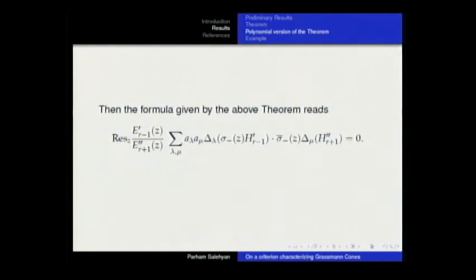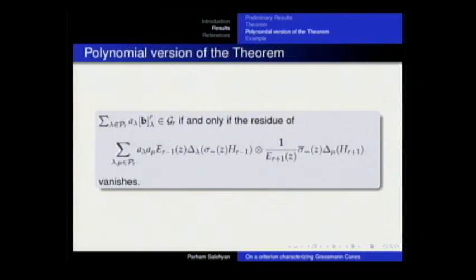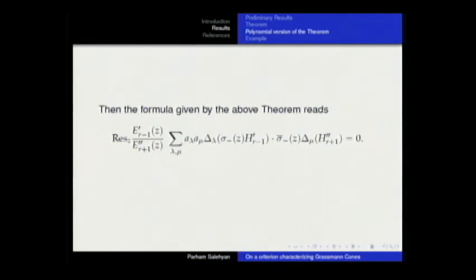So the formula given here can be written in this residue form. In fact, it's a calculation in the polynomial rings, so you can do it in a simple way.